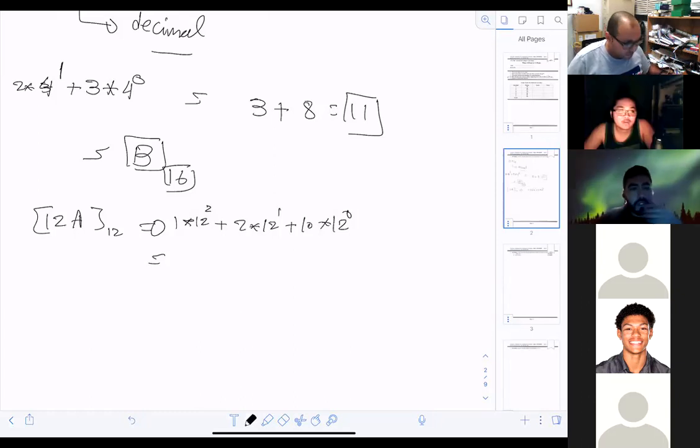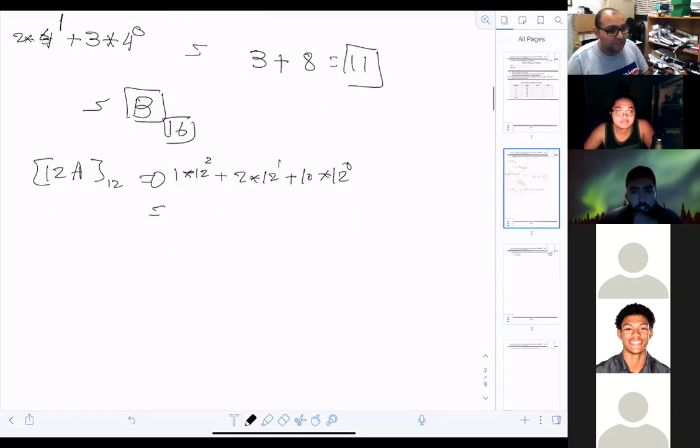Is there another way? Can't you convert it to a different base directly, to hexadecimal? You could go directly, since you know that hexadecimal goes from 0 to 15. You can just remember that 12 is B, and then A is. Can we try it? Okay.